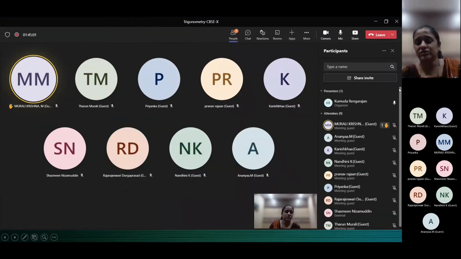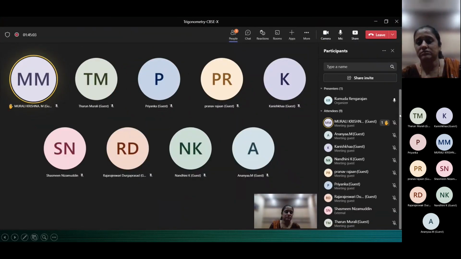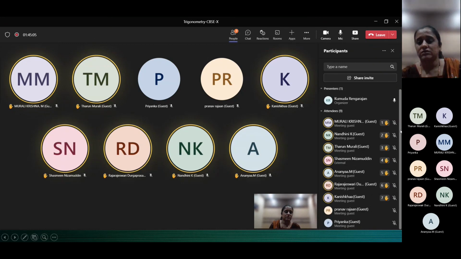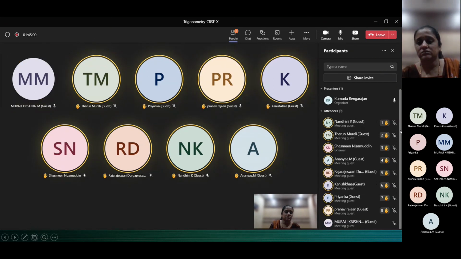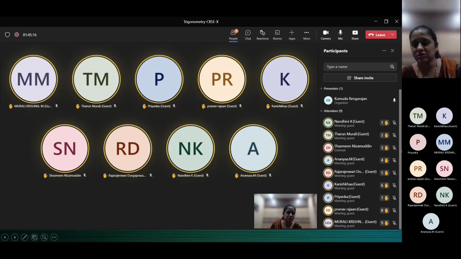Class, use the emoji. Raise your hand. Nandini, Tarun Murali, Sashmin, Ananya, Raja Rajeshwari, Kanishka, Priyanka, Pranav Rajan, and Murali Krishna.